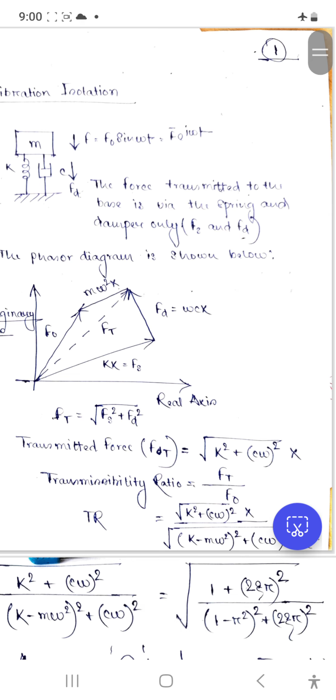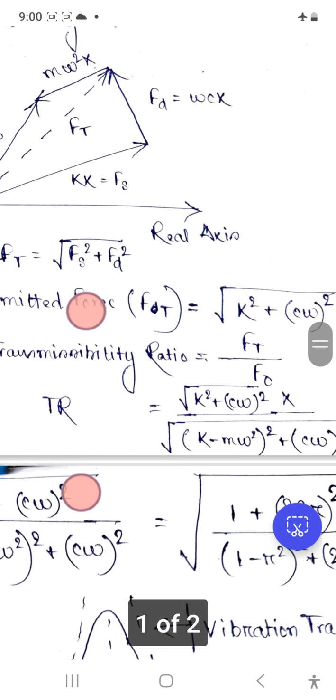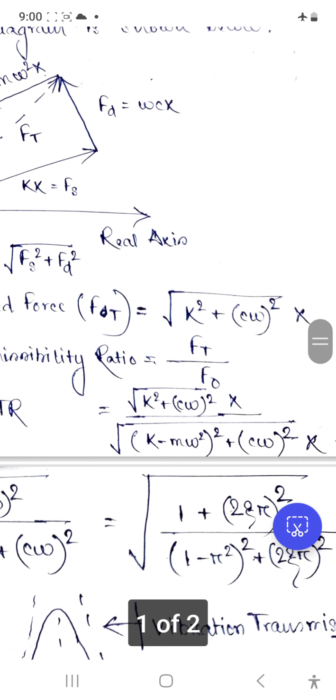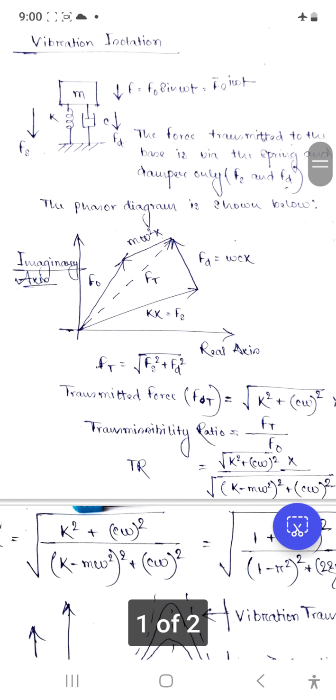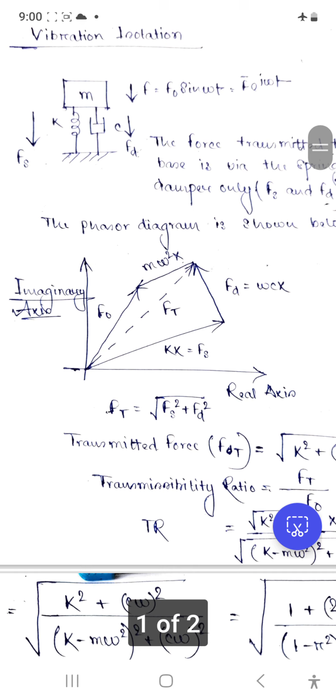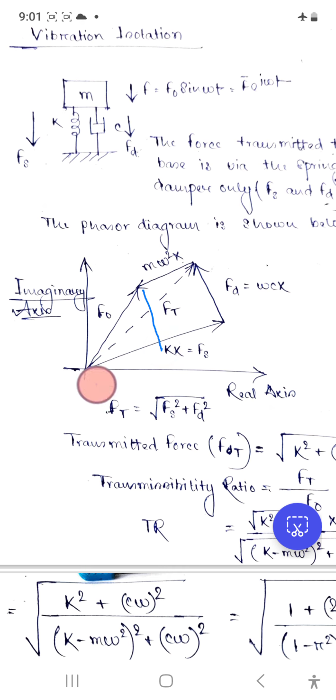Okay. So transmissibility ratio, which you can represent as TR. This one we have already found out, and this one is nothing but, we know, the summation of, let me draw it. If I draw a line from here to here, this side will be kx minus m omega square x, and this side will be omega cx.